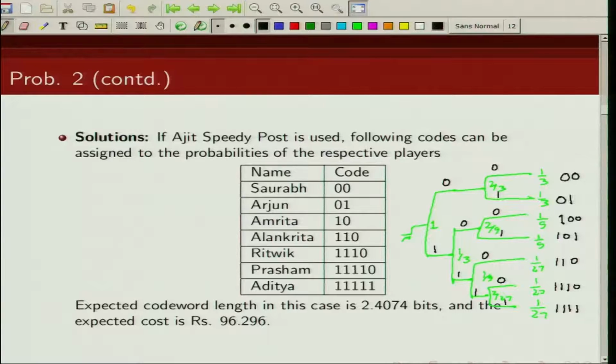Now we can do the same thing in another way. Both will essentially give the same expected value.